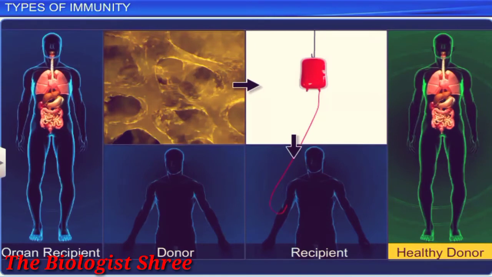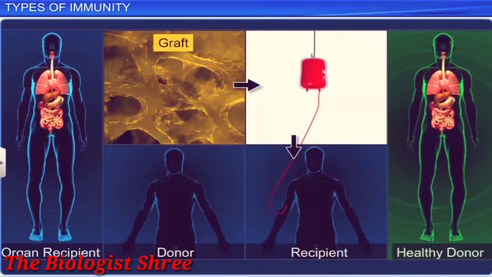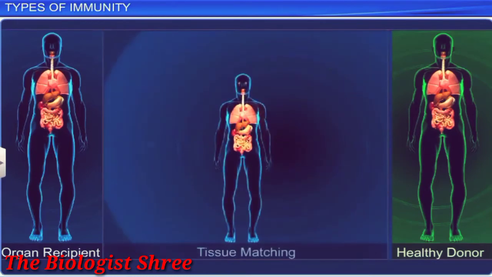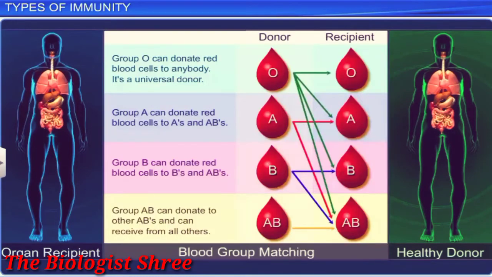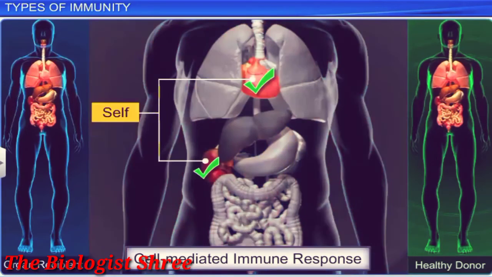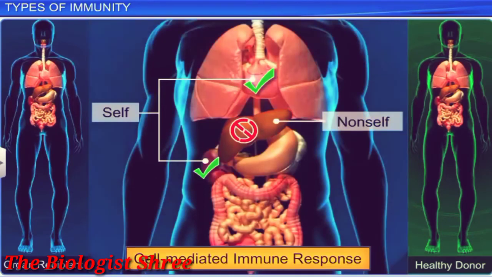This is important because grafts or transplants cannot be made from just about any source, as the body will reject those grafts sooner or later. To find a perfect match, tissue matching and blood group matching are conducted before a transplant.